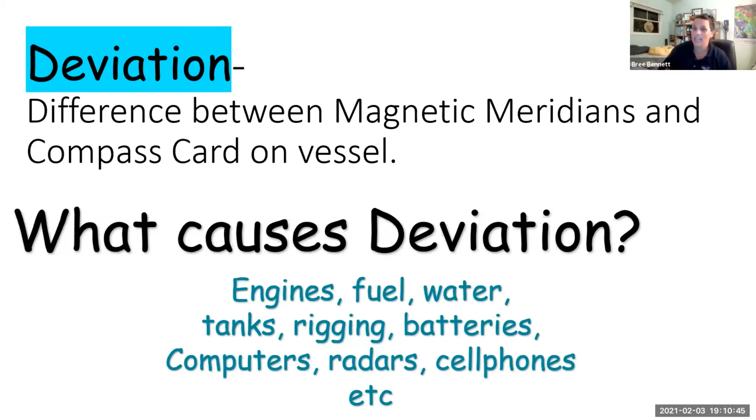That's going to create a magnetic pull on your magnetic compass, one way or the other. Handheld. So it's just something you want to think about, right? There's the magnetic North Pole where the compass should be pointing, but your vessel has deviation on it, which is that error caused by what's on board.